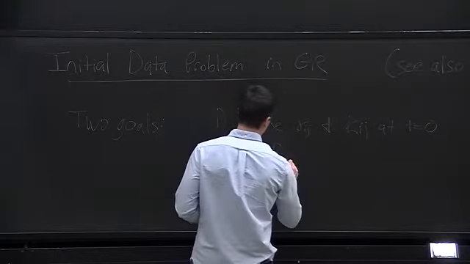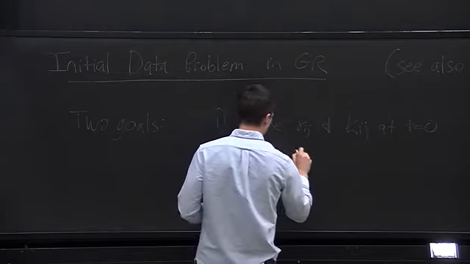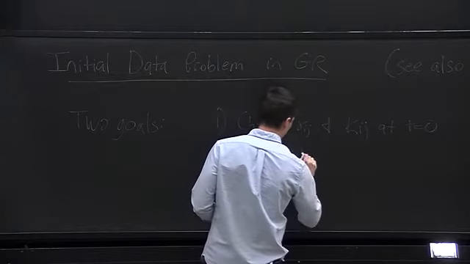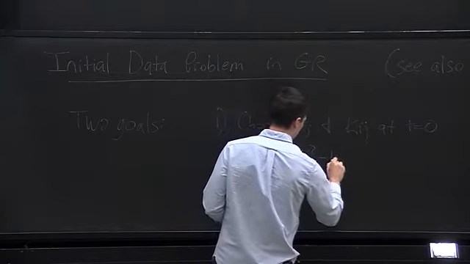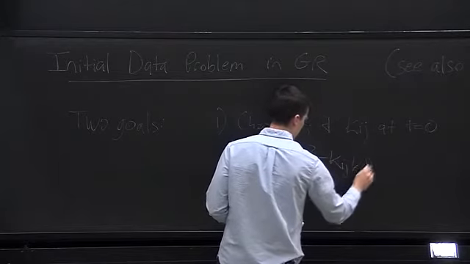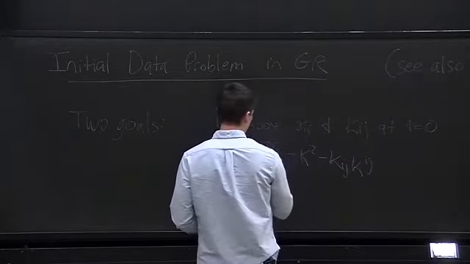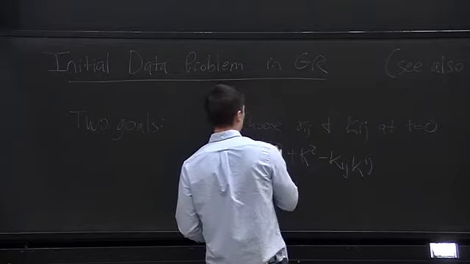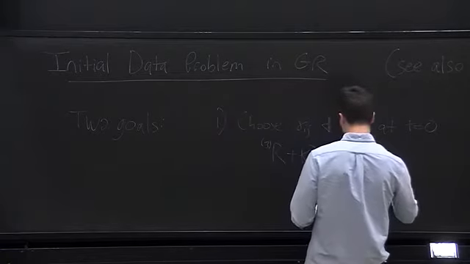So let's just write those down. Where this is the Ricci scalar on our 3-manifold.